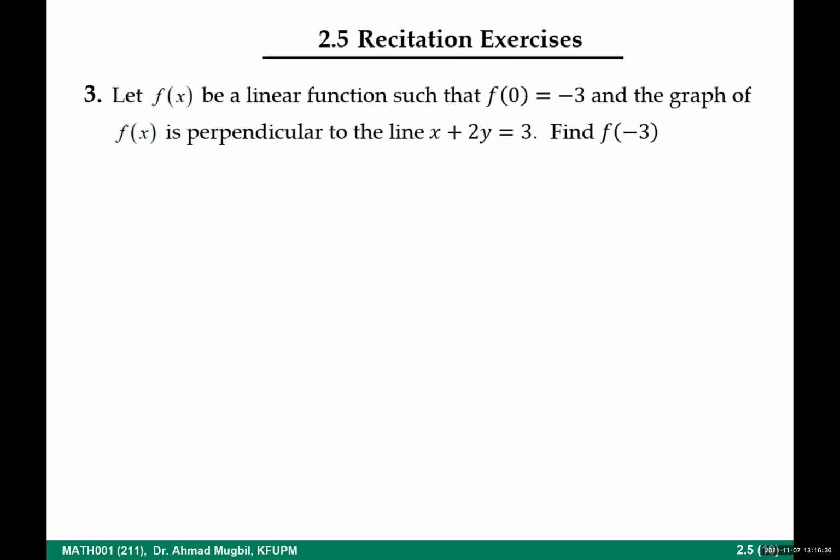As I told you, Shabab, these 2 sections are so related, because the graph of any linear function is a line. 1.3 was about lines. 2.5 is about linear functions. So they are so related. You can solve it with the ideas of section 1.3.